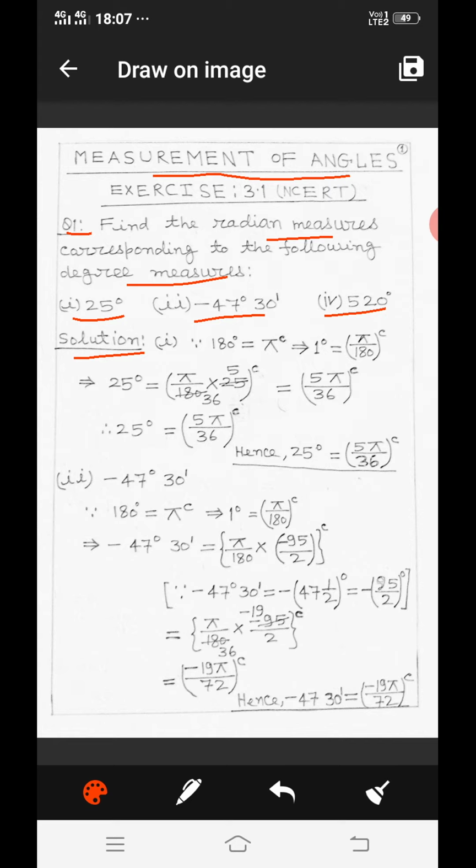Dear students, we know that 180 degree equals pi radian, and this implies that 1 degree is equal to pi by 180 radian.